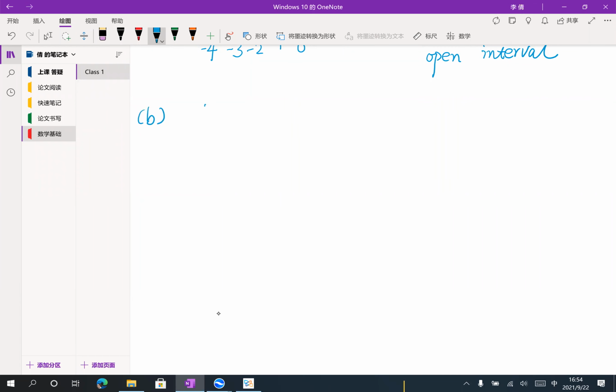B is the absolute value of S plus 3 is larger than or equal to 1/2, right?